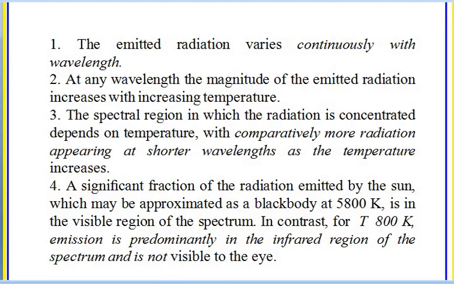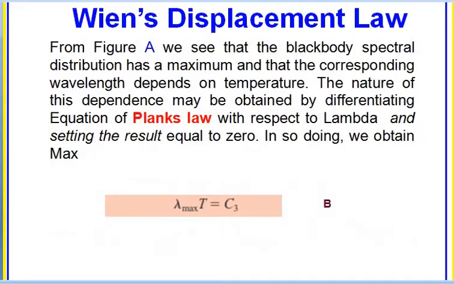A significant fraction of the radiation emitted by the sun, which is approximated as a black body at 5800 Kelvin, is in the visible region of the spectrum. In contrast, for a temperature of 800 Kelvin, emission is predominantly in the infrared region of the spectrum and is not visible to the eye.